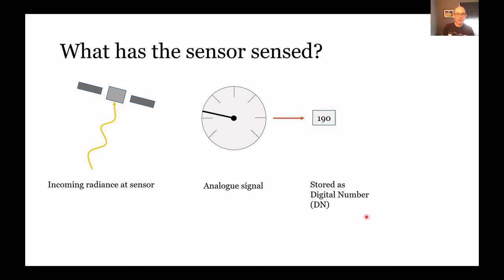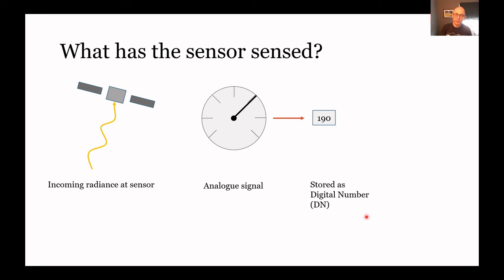So if we start thinking about the signal that's coming in, we're measuring a real-world signal. The incoming radiance at the sensor is an analog signal, as it were. We have this wave coming in, and we need to measure it.